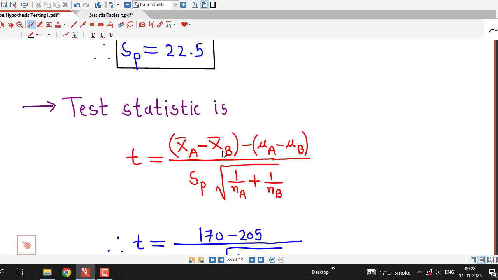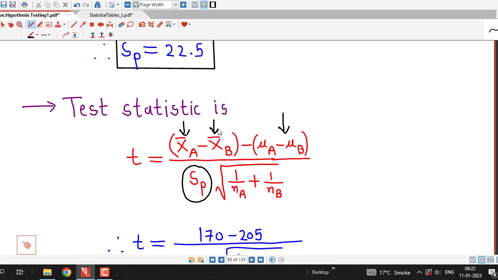Once we have the value of this pooled estimator, we can calculate T statistic, which is x bar A minus x bar B minus mu A minus mu B, divided by the pooled standard deviation times square root of 1 over n suffix A plus 1 over n suffix B. Null hypothesis is assumed to be true, therefore these two are equal and their difference is 0.